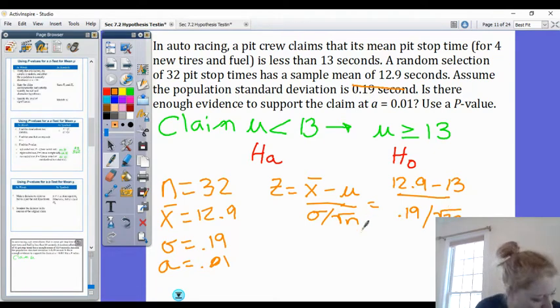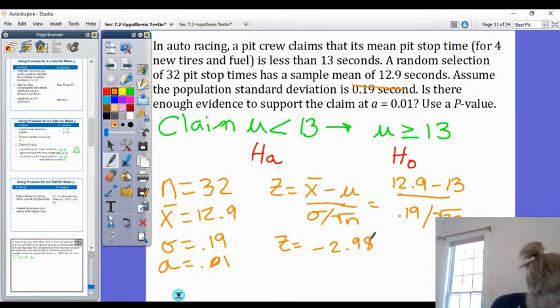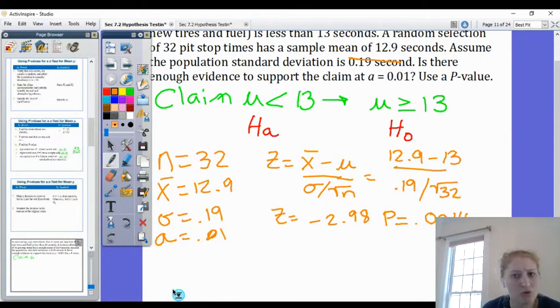If I do that, I get a z value of negative 2.98. Then I can use my calculator or the chart to find the probability, which is 0.0014.